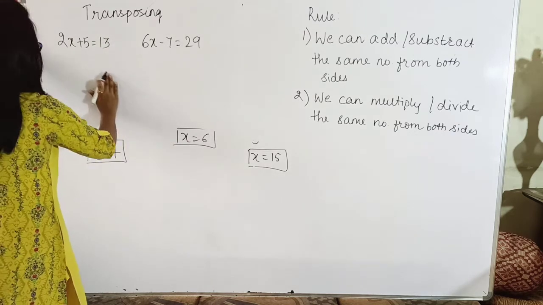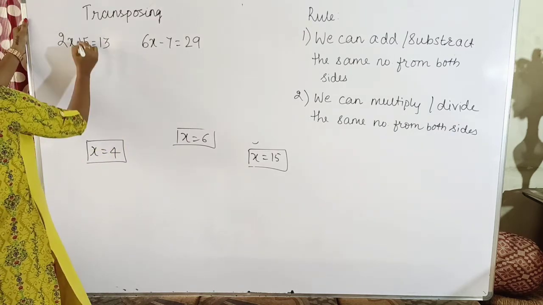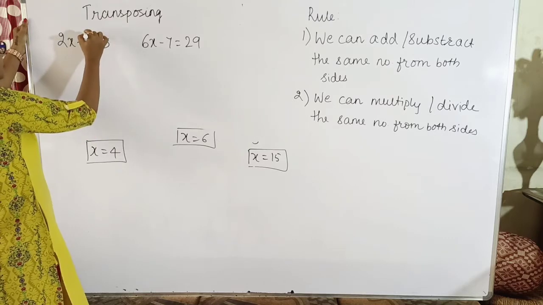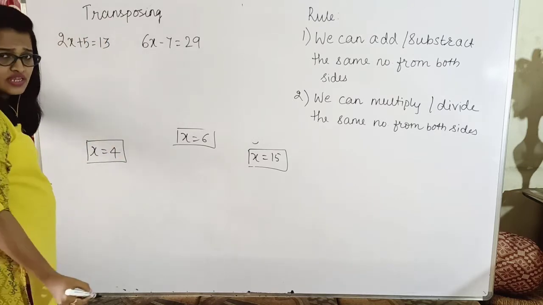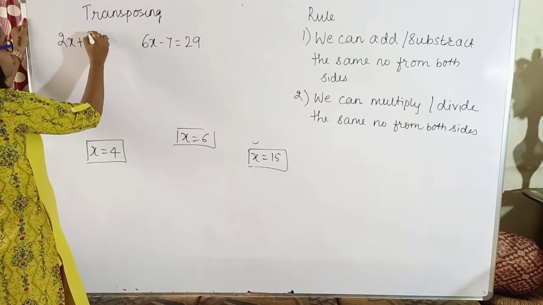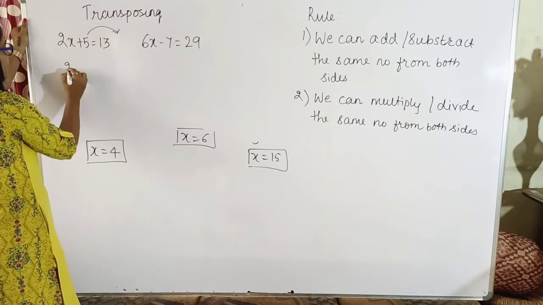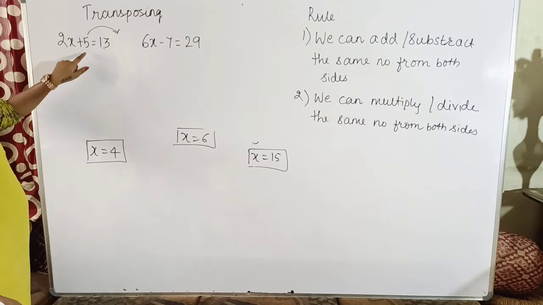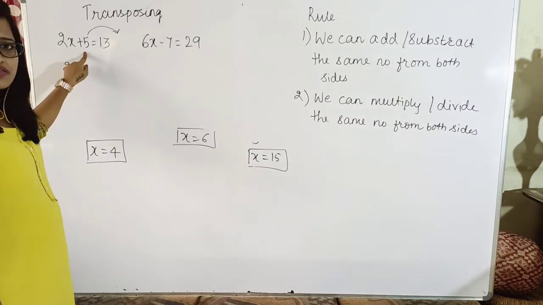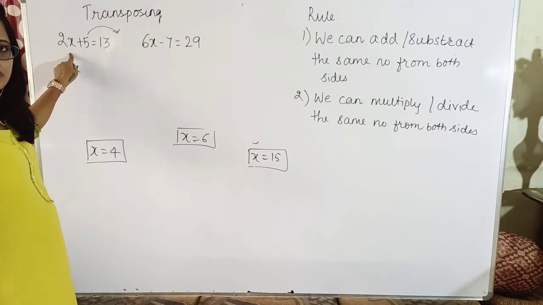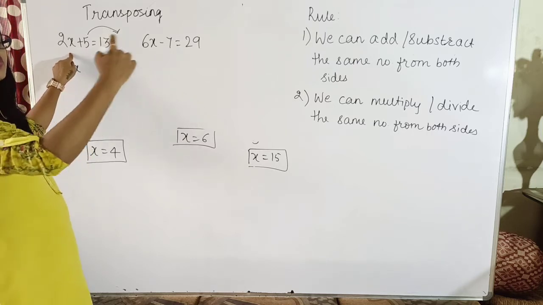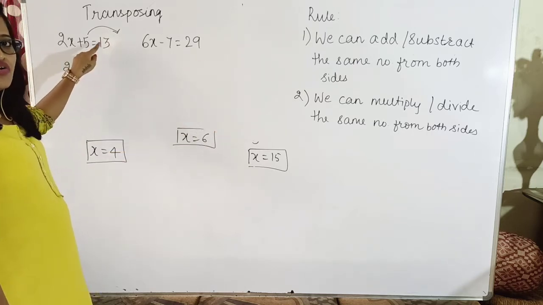Now, what does it mean? It means, see, I just want the 2x term on one side. It means this plus 5, which is present here on the LHS, I don't want it on the LHS. What I can do, I could shift it to the right hand side, isn't it? On the left hand side, the 5 is being added to 2x, but when you are shifting it to the other side, what will happen?